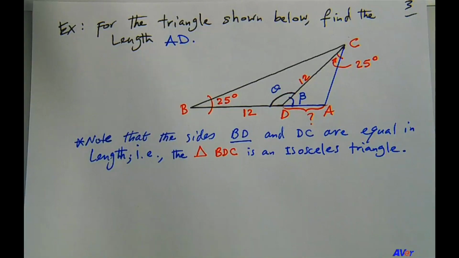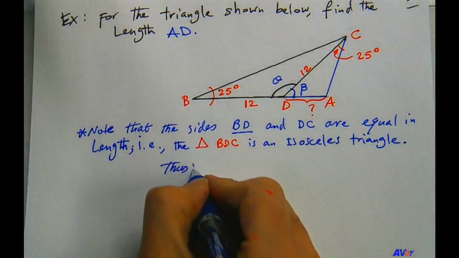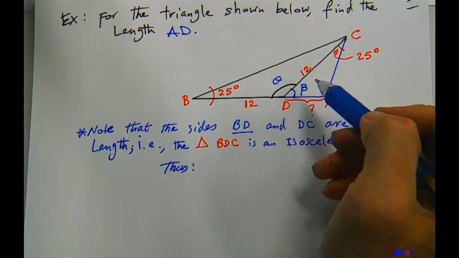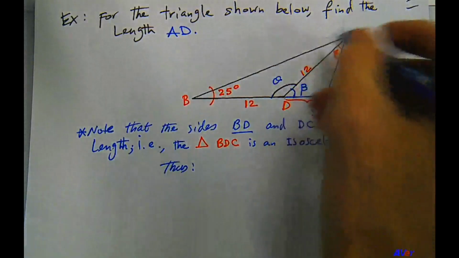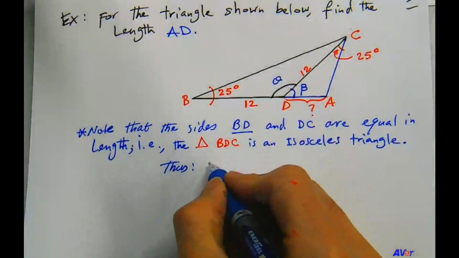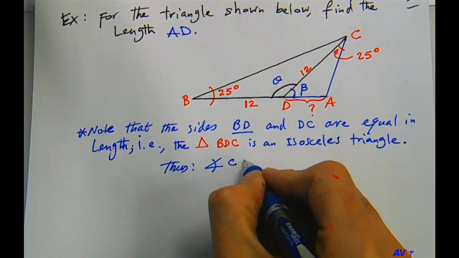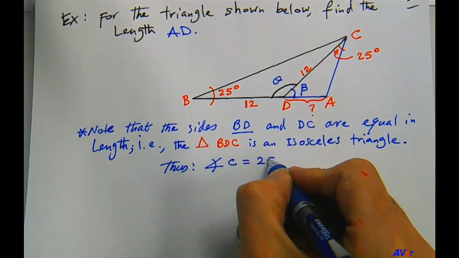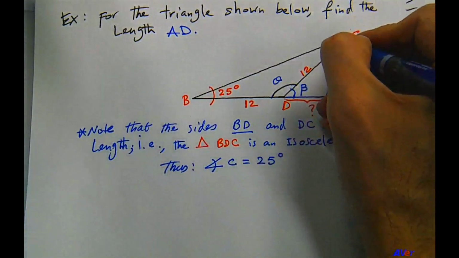So therefore, what do we want to call that? Let's call it lowercase c. So the angle c is equal to 25 degrees. That's that angle here.